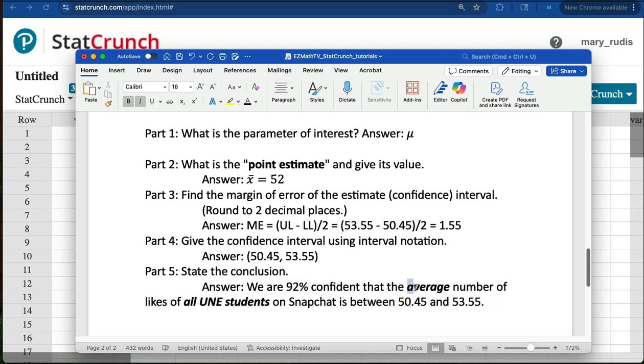We're not talking about the number of likes for an individual student at UNE. We're not talking about the average of a sample of UNE students. We're talking about the average number of likes of all UNE students on Snapchat. And we're saying that we're 92% confident that that average is between 50.45 and 53.55.